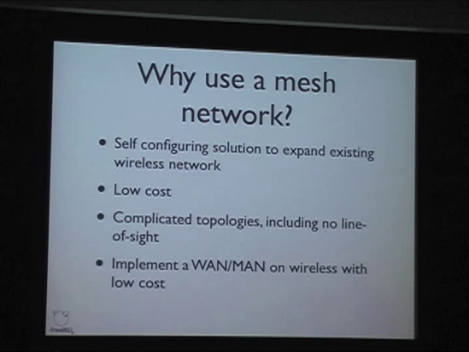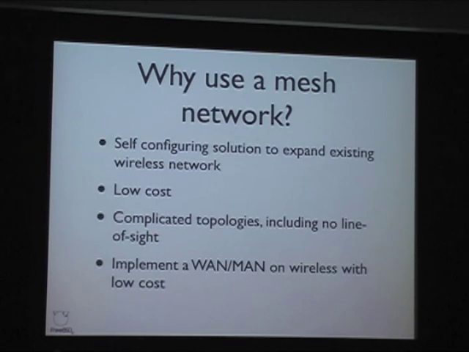The advantages of mesh networks are quite straightforward. If you already have a wireless network, you can expand it by just buying another access point or another embedded system, and there's no need to run wires.